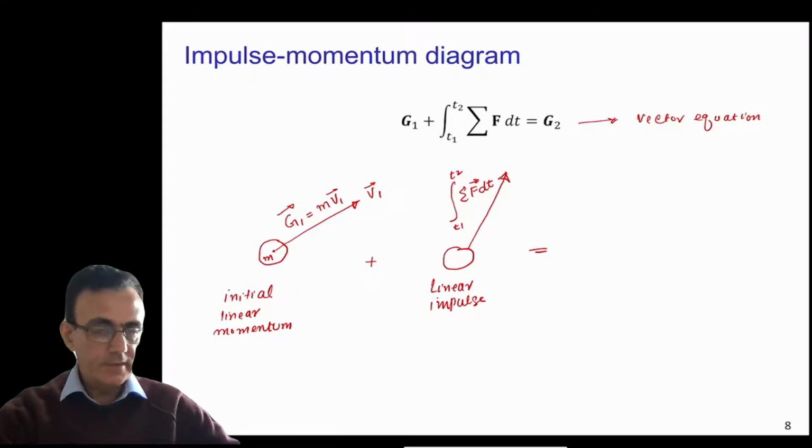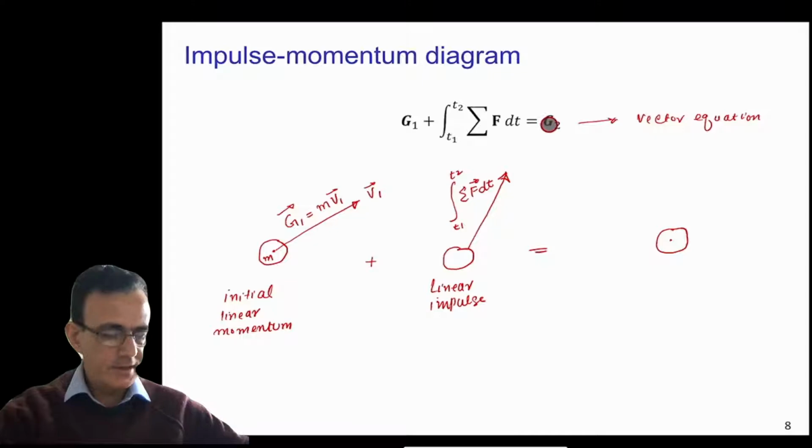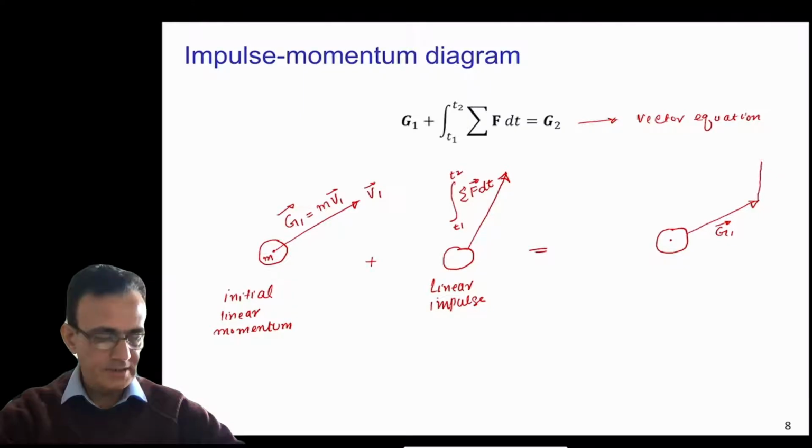Okay, so finally you want to calculate G2, and we know that G2 is the sum of G1 plus impulse. But again, in this case, you have to do this graphically, or you have to do this using the head to tail rule. So if you take G1 here, this was our G1, and then you will add this impulse to it. So the impulse vector was in this direction here, t1 to t2.